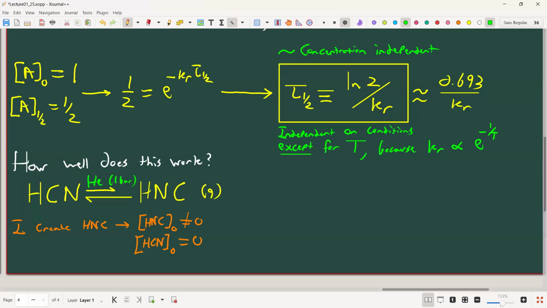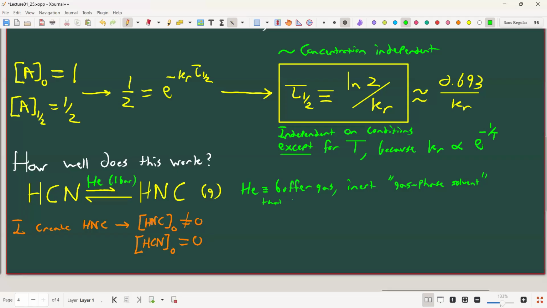Or some pressure. Okay, so there's some helium solvent, right? We call this a buffer gas, which is like an inert gas phase solvent that gives our reactor more fluid-like properties.